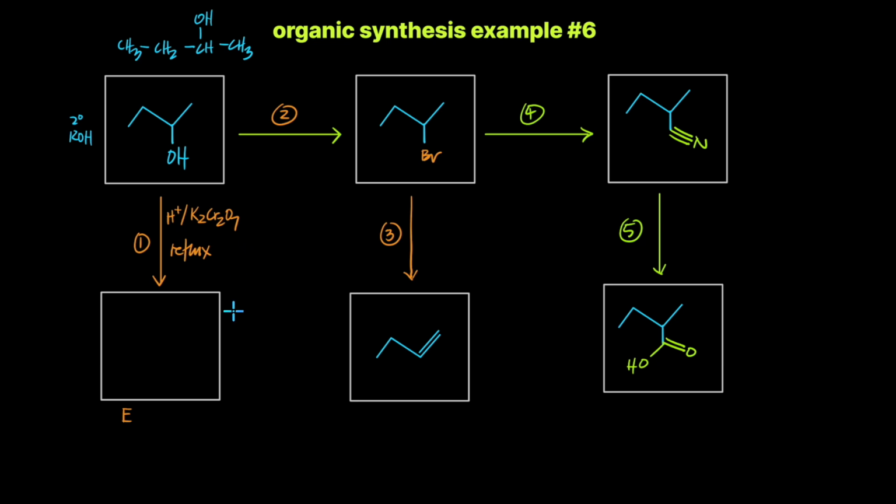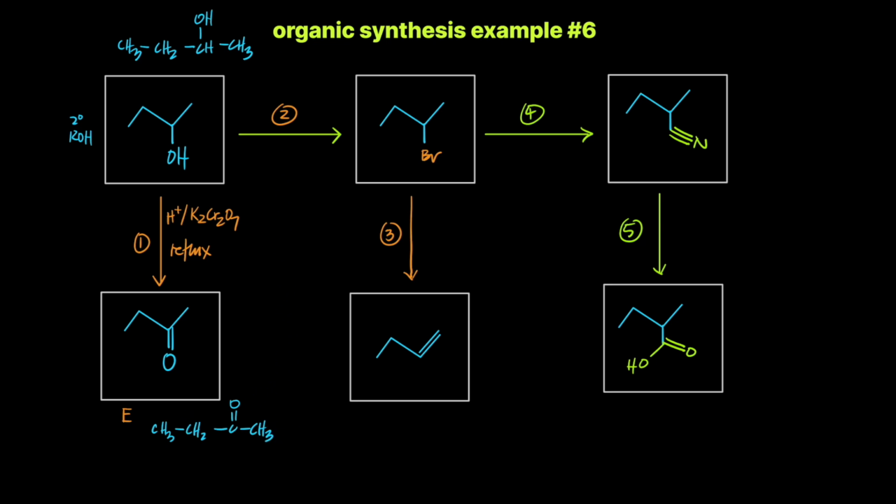Now when I oxidize a secondary alcohol, what am I supposed to get? A primary alcohol can be oxidized to an acid, but a secondary alcohol gets oxidized to what? A ketone, like that. Which means the CHOH, the two H's are lost. So you get CH3, CH2, C double bond O, CH3.